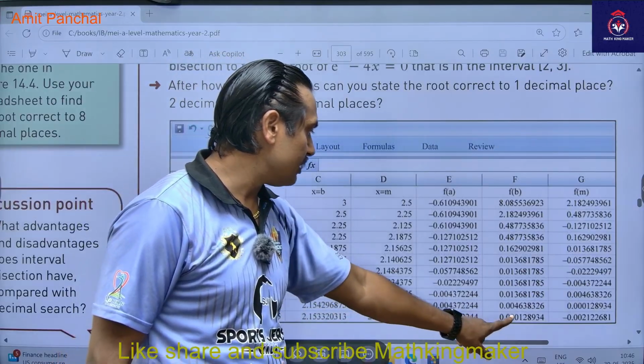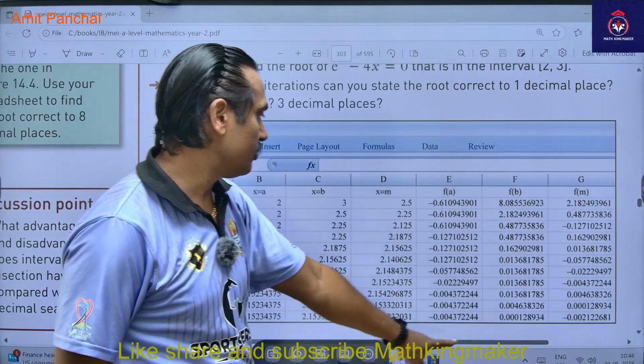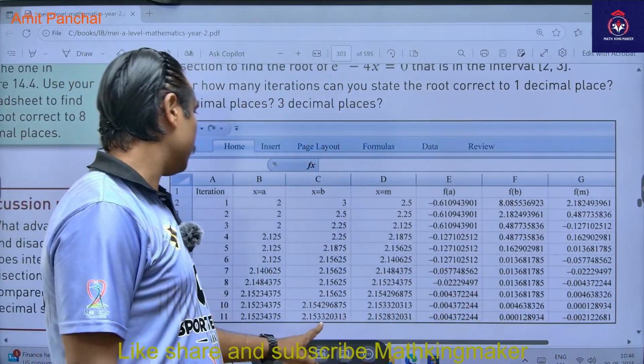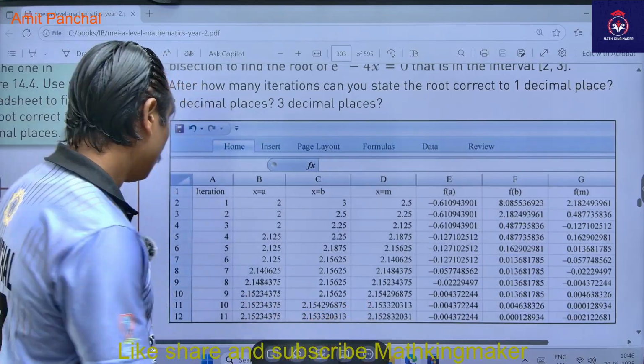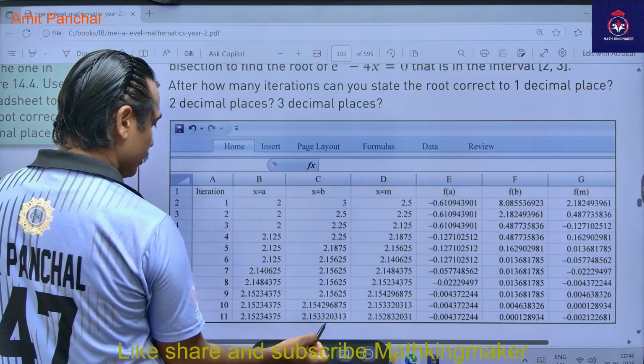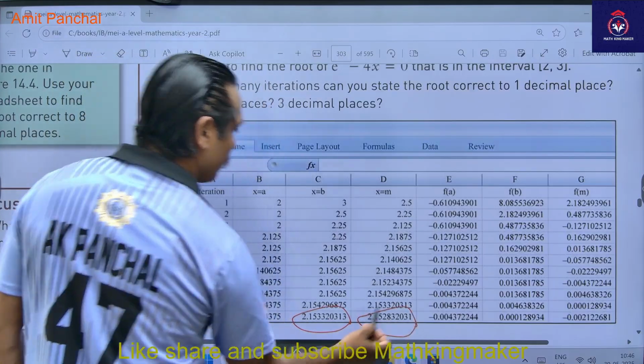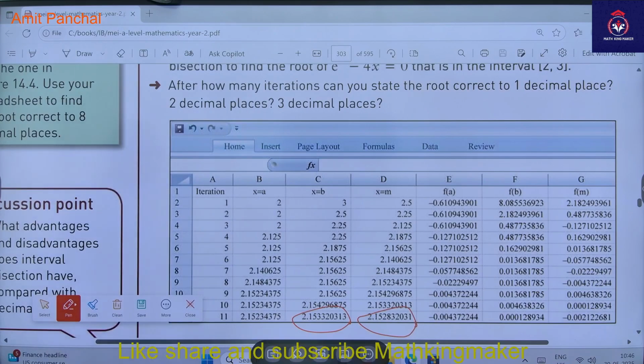So it is negative, it is positive, it is negative. Which is closer? This one is closer. That means mid and B. So your solution is lying in between these two. So that will be your answer.